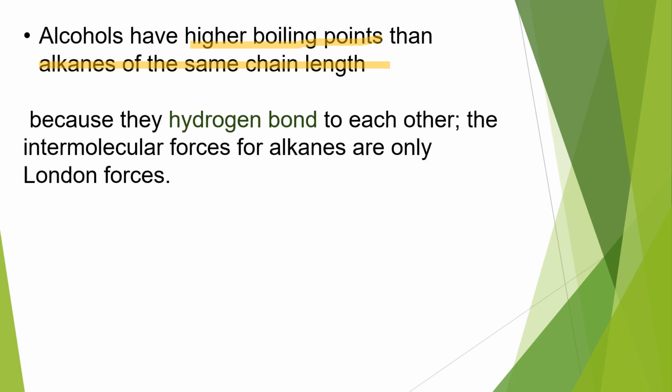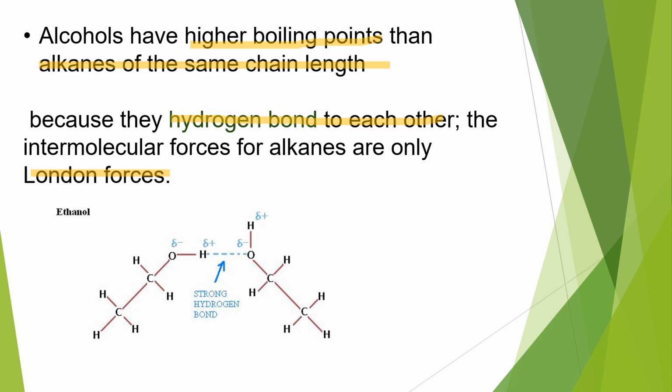Why does this happen? This is because the hydroxyl groups present in the alcohol form hydrogen bonds to each other, whereas in alkanes the intermolecular force is only London force, which is quite weak compared to the hydrogen bond. Here you can see an example I am showing you, ethanol.